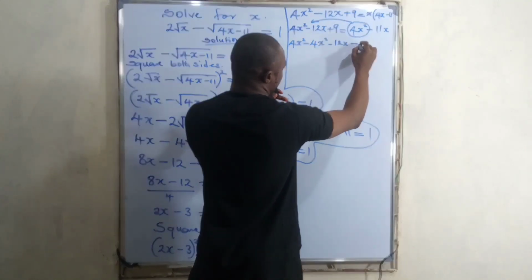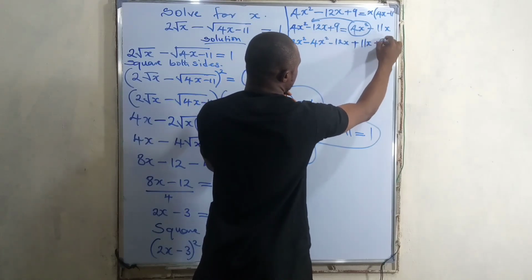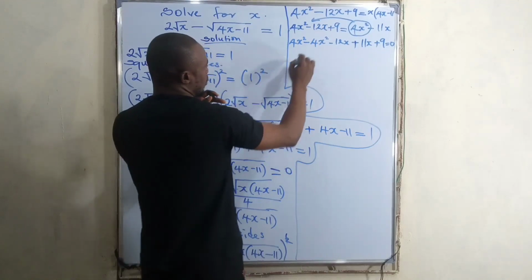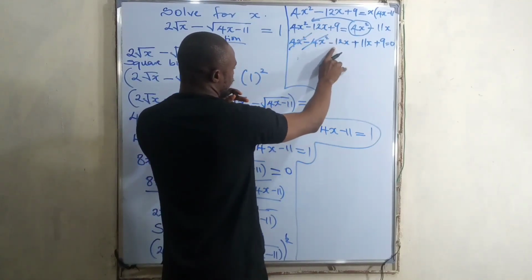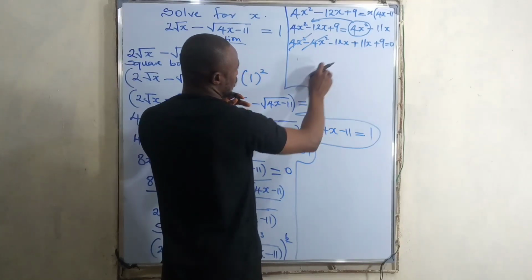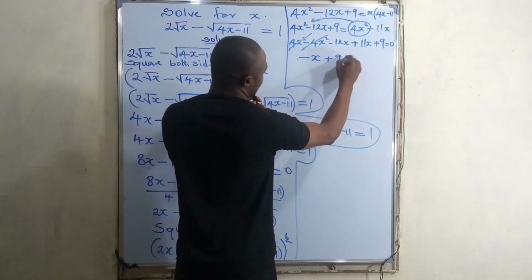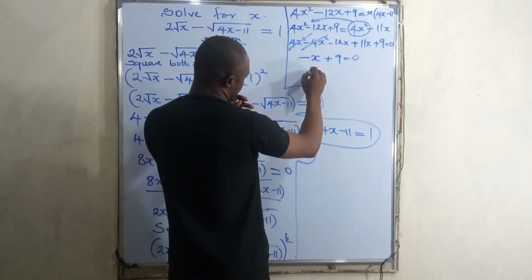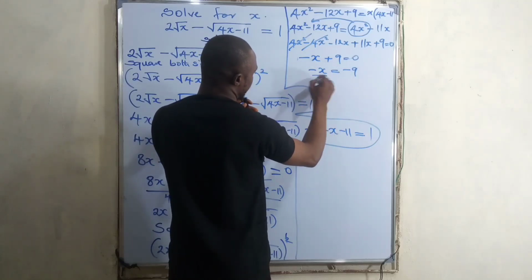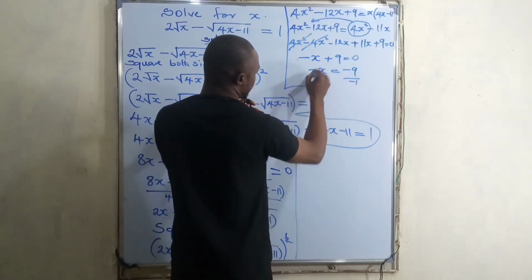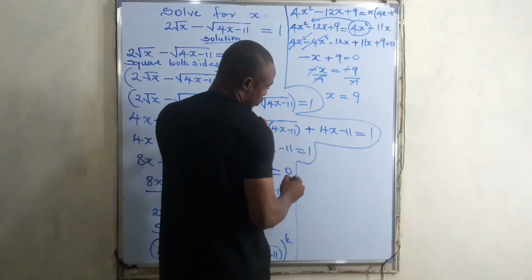Then 11x from the right hand side crosses to the left hand side and becomes plus 11x, and plus 9. So we have equal to 0 there. Minus 12x plus 11x gives us minus x. So we have minus x plus 9 equal to 0. So 9 crosses the equality sign to the right hand side and gives us minus 9. So divide both sides by minus 1 and we have our x as 9.